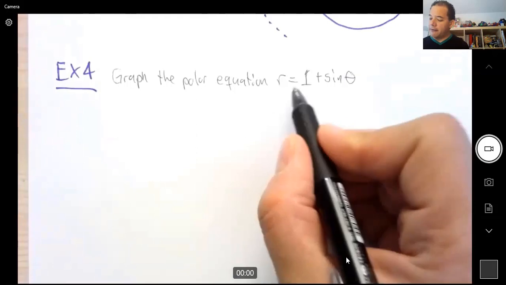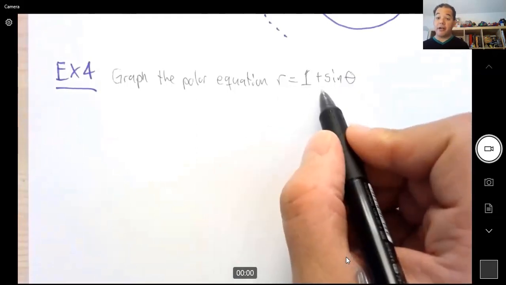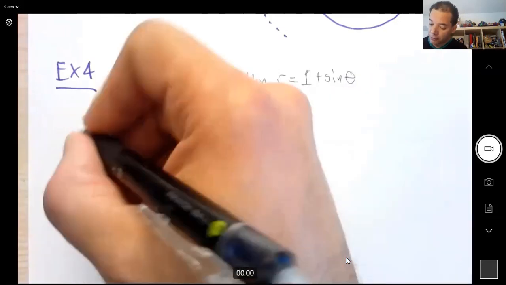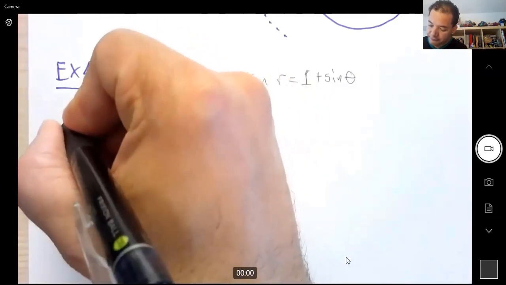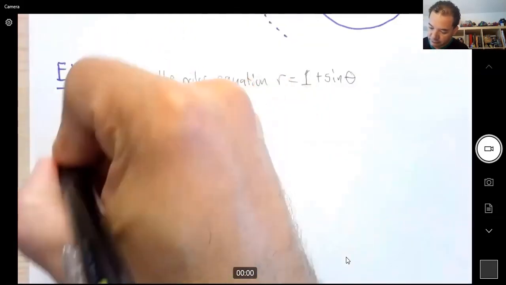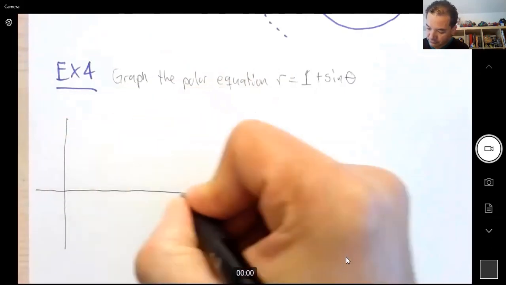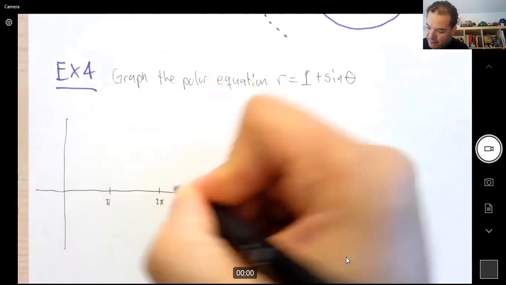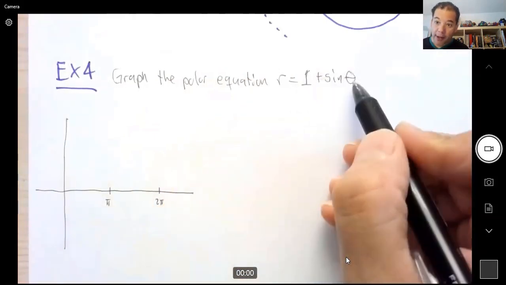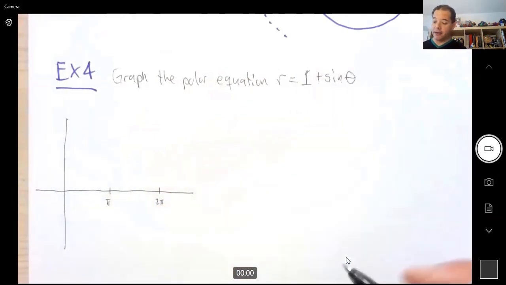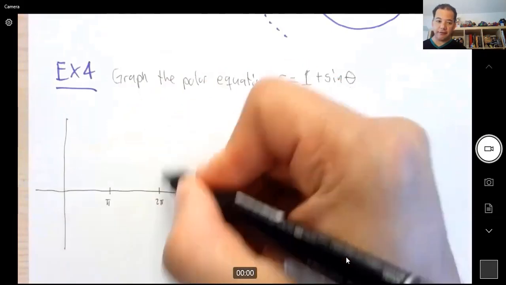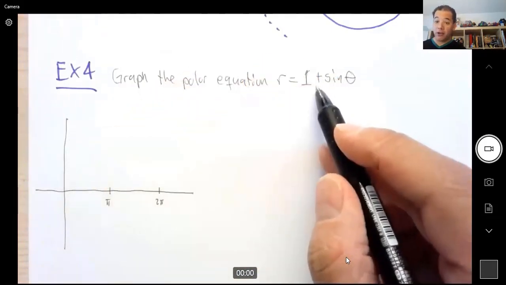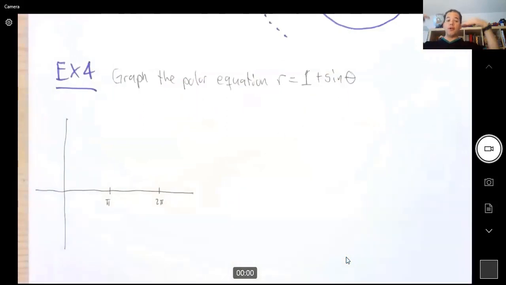First, draw this graph in the regular coordinate system, say from 0 to 2 pi. What would this graph be? 1 plus sine theta, right? And we know sine theta goes like this, a curve that goes up and down, but we're adding 1 unit to it, so we're moving it 1 unit up.